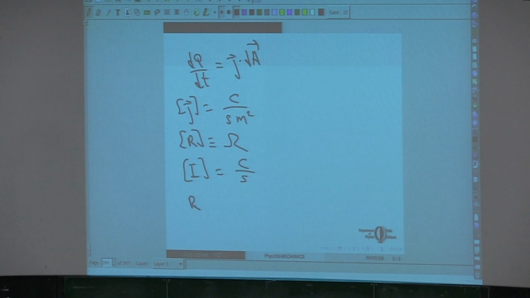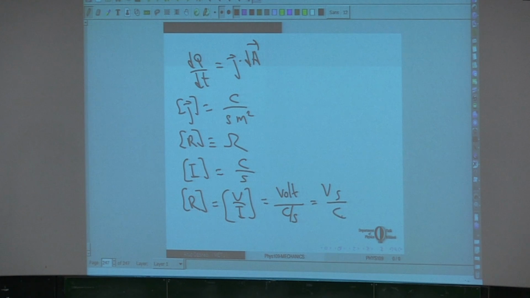The resistance can also be written as V over I. The unit of V is volts per coulombs per second. Volt second per coulomb. Now, coulombs per second, we also define it as ampere. The unit is just A.